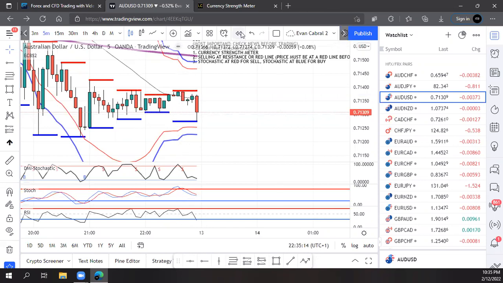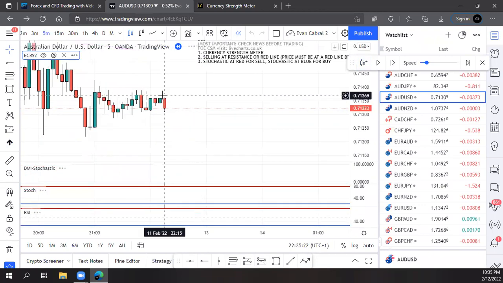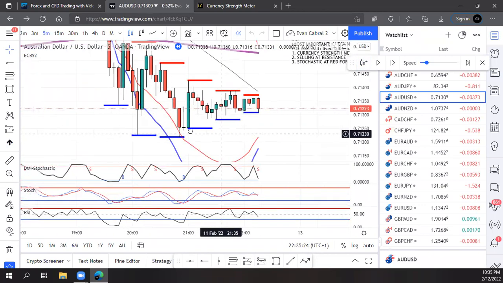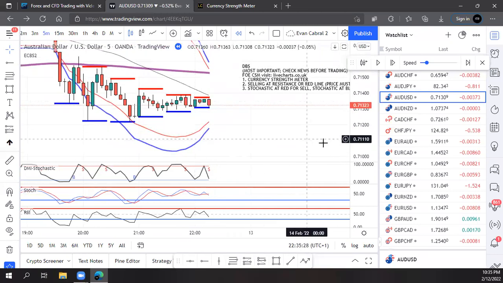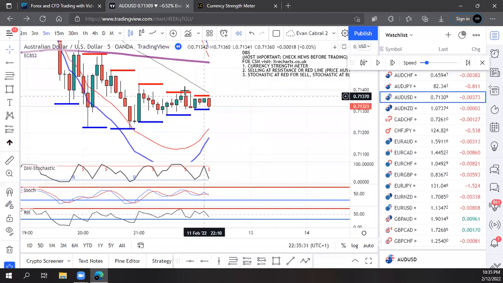Let me actually do this. Let me take the market back here and replay what happened in the market. So this is what the market looked like before it closed. The market is at a support.